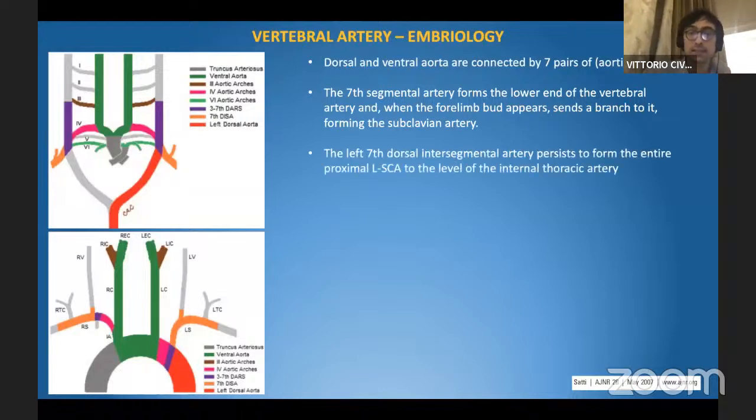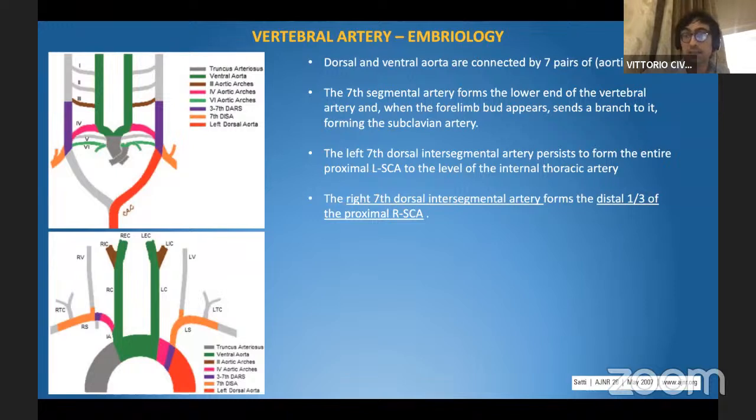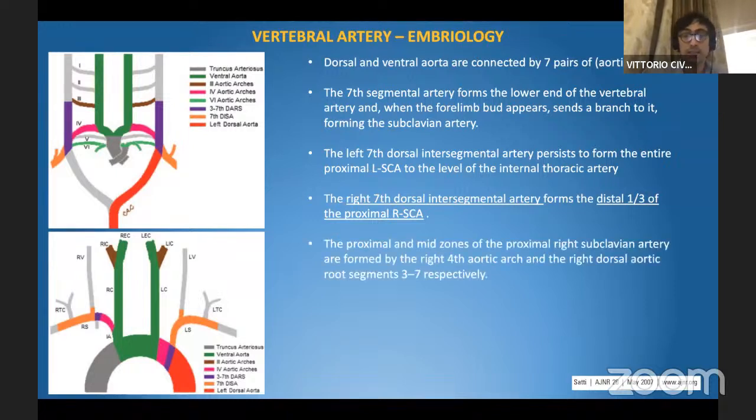On the left side, the seventh dorsal intersegmental artery persists, and it will form the entire proximal left subclavian artery. On the right, the seventh dorsal intersegmental artery will form the distal third of the right subclavian artery. The proximal and mid-zone of the right subclavian artery are formed by the right fourth aortic arch and the right dorsal aortic root.